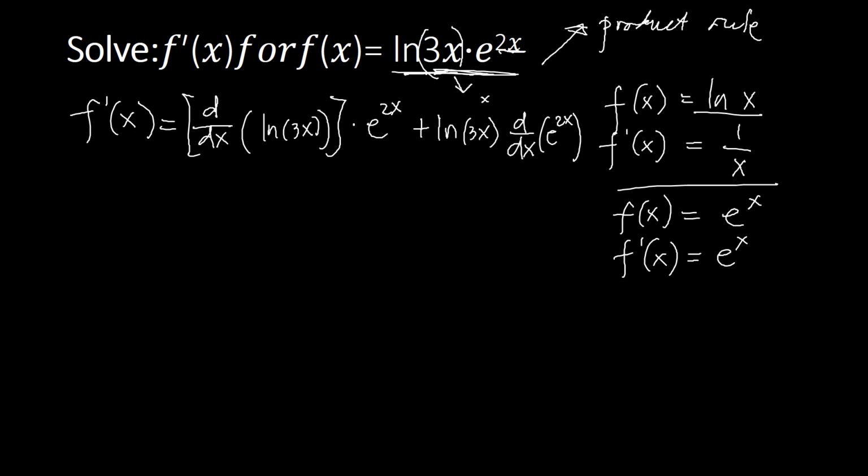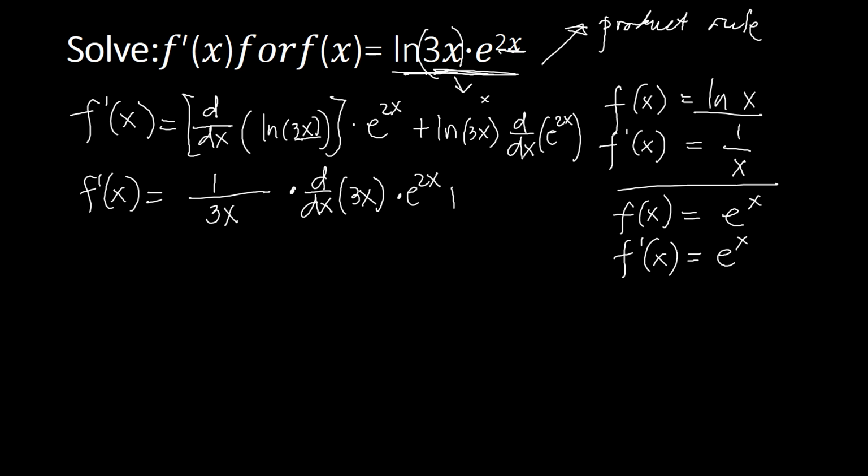So simplifying and getting the derivative, f prime of x will be equal to, the derivative of ln 3x is simply 1 over 3x. And then since this is still another function inside, we will be getting the derivative of that one and multiplying it to the result before. So we have 3x here. And then we have times e to the power of 2x plus ln 3x.